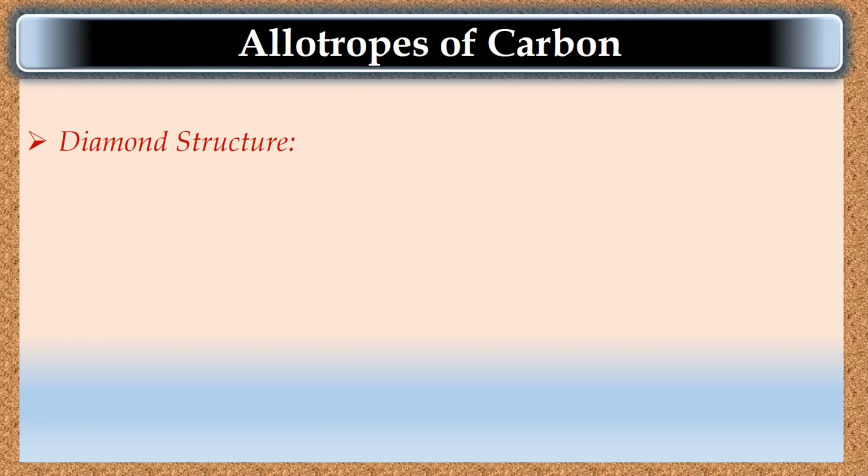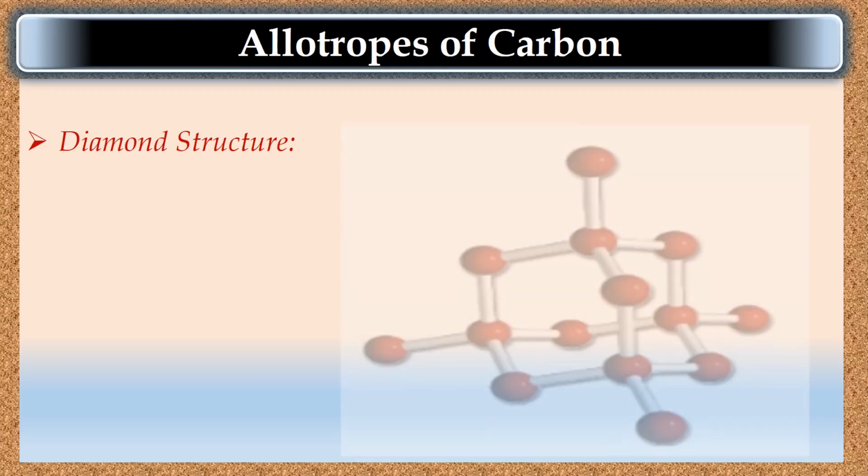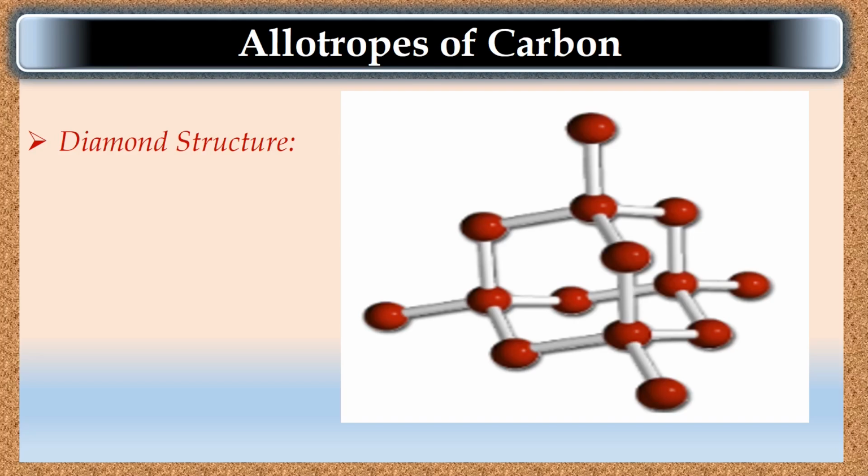Now let us start allotropes of carbon. So first allotrope form of carbon is diamond. It is a crystalline form of carbon. So this is the structure of diamond, and here you can see the carbon atoms.